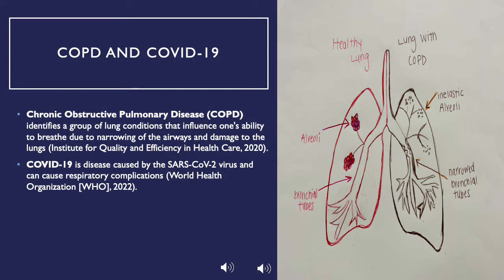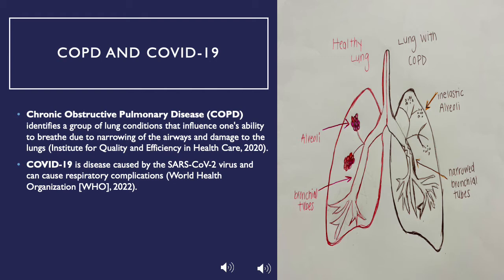COPD and COVID-19. These are the two conditions that we will be addressing today when we talk about pulmonary care and OT. COPD is a group of lung conditions. This can be emphysema, chronic bronchitis, and they influence one's ability to breathe due to narrowing of the airways and damage to the lungs.